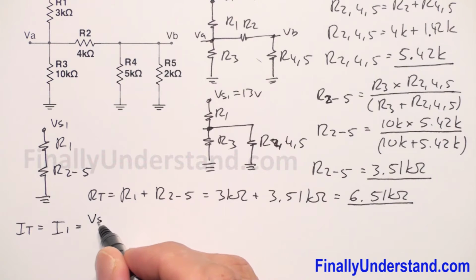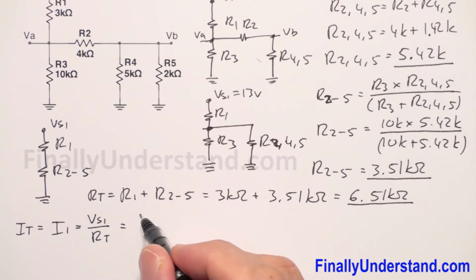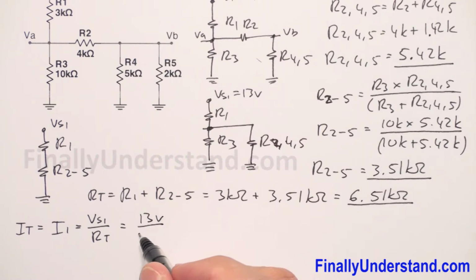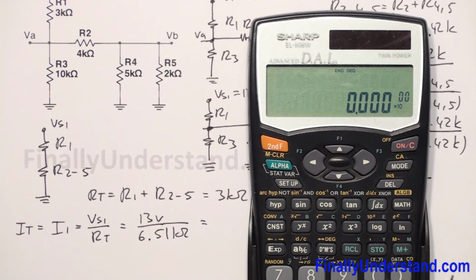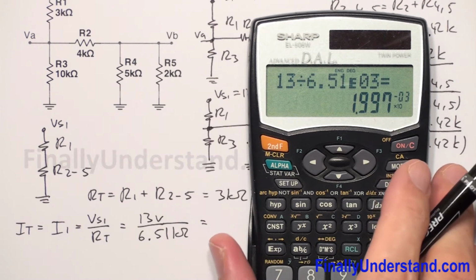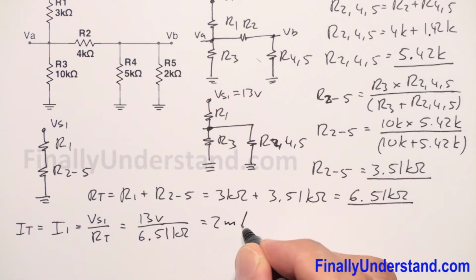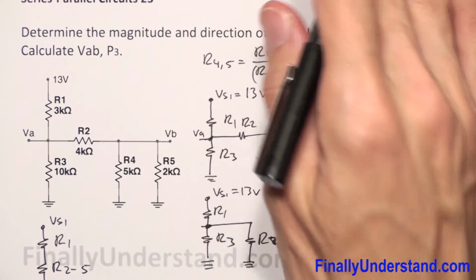This is nothing else, just voltage source 1 over R total, which is 13 volts over 6.51K. This is equal to 13 divided by 6.51 exponent 3, which equals 1.99 milliamps. So we can say this is like 2 milliamps. This is my I total or I1.